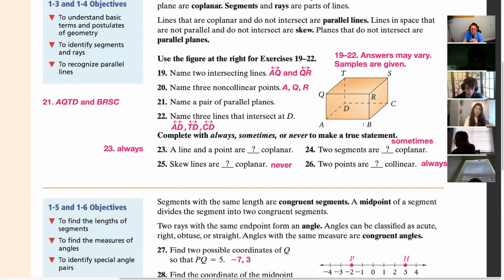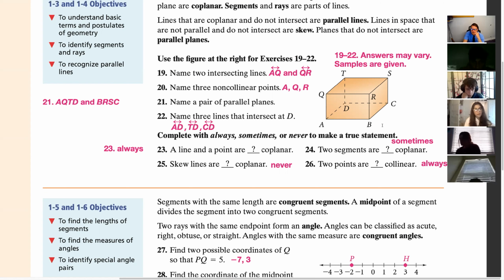All of these are intersecting lines. Name 3 non-collinear points, okay? So if you said like A, T, and R, those are not collinear points because they're not on the same line, okay?